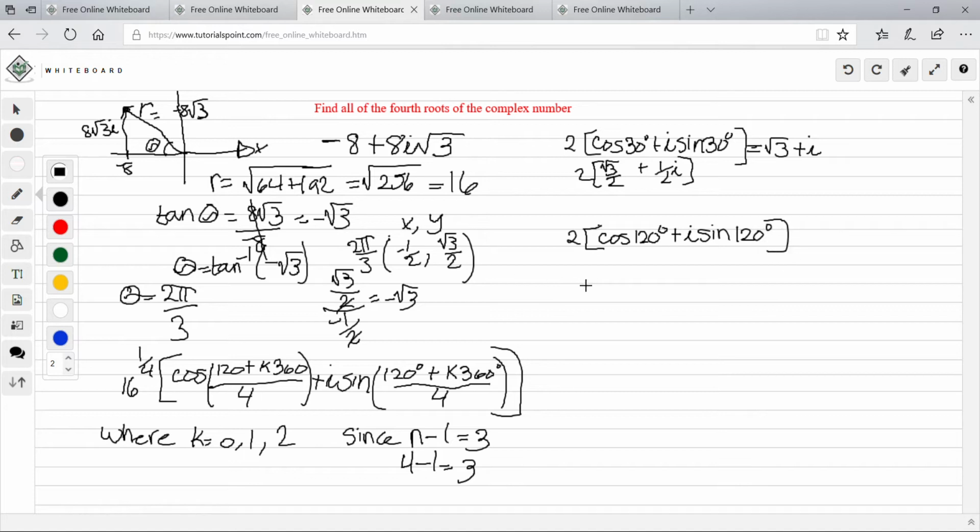Cosine of 120 is negative 1/2, and sine of 120 is positive root 3 over 2 i. Multiply that by 2, and you get negative 1 plus root 3 i.